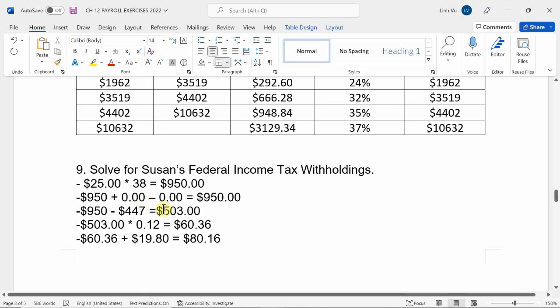So she's earned $503 in excess, and that extra money is going to be subjected to a 12% tax. That's where the $60.36 came from, and you add on top of that what the government takes regardless of what you earn. So that's how you get the total of $80.16.